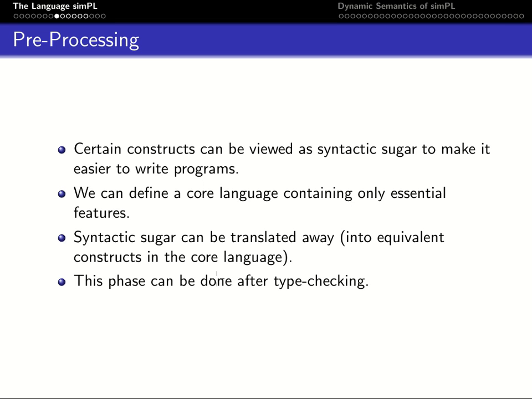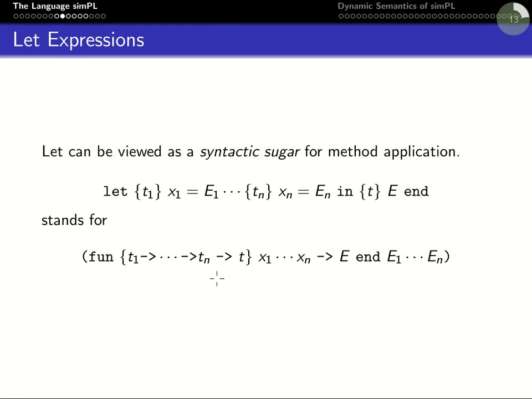We're going to take a similar approach here. We're going to allow at the level of examples a lot of syntactic sugar, but much of it will be swept under the carpet whenever we have to define the semantics of the language. So we're translating it away. That is typically done after type checking. We're going to introduce all the syntactic sugar at the right time, and then not further mention it at the level of semantics.